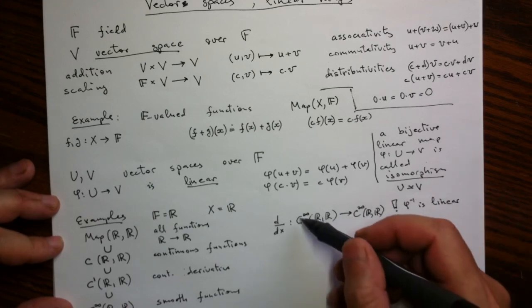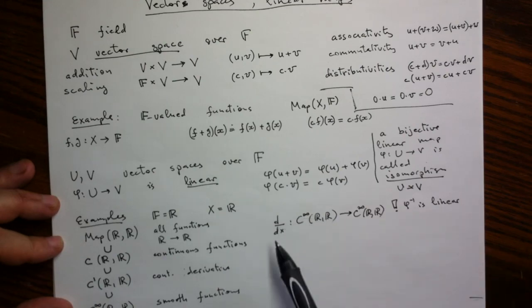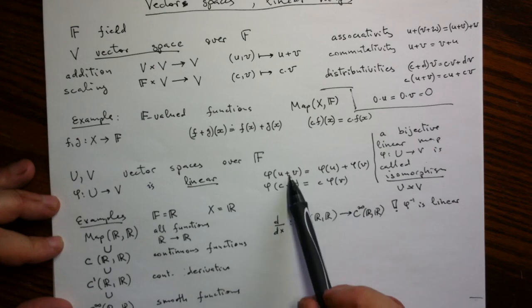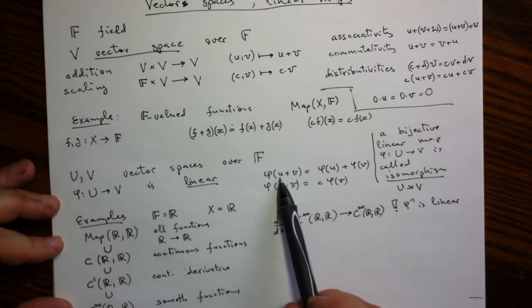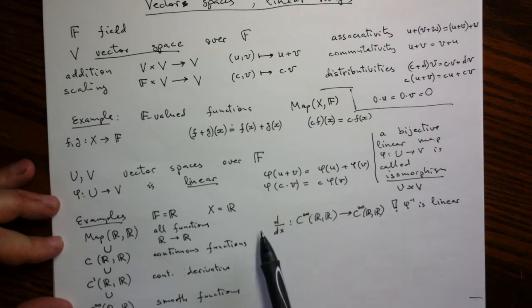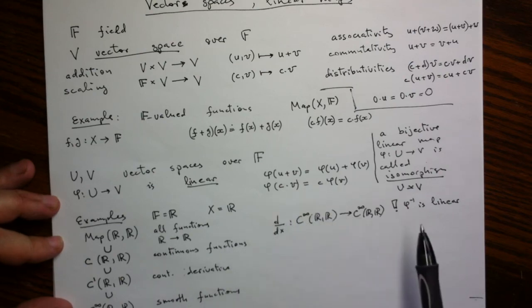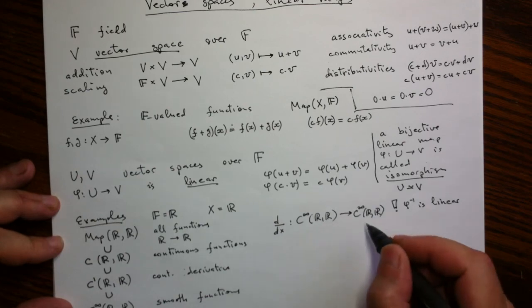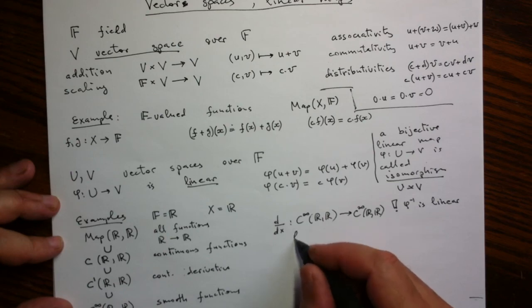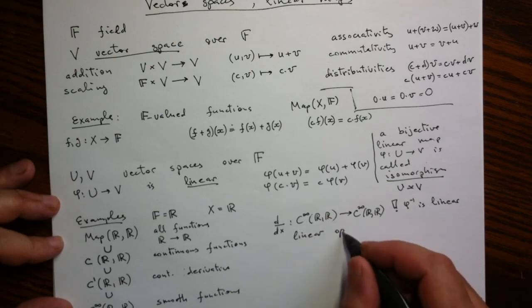And in this case, the statement is that this is a linear map, that it satisfies these two properties. The derivative of a sum of two functions is the sum of their derivatives. Well, that is true. And then the scalars can be pulled through the derivative, and that is true as well. So this is a linear map from a vector space to itself. Such linear maps are called linear operators.